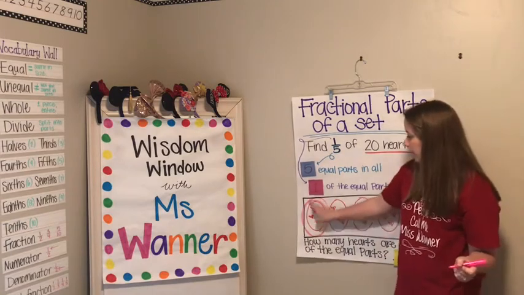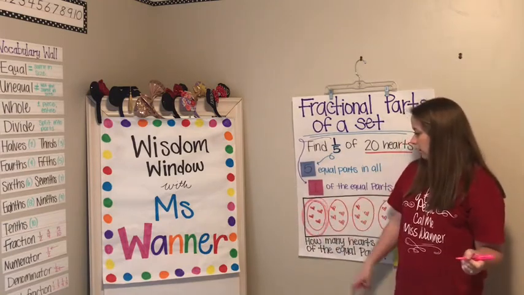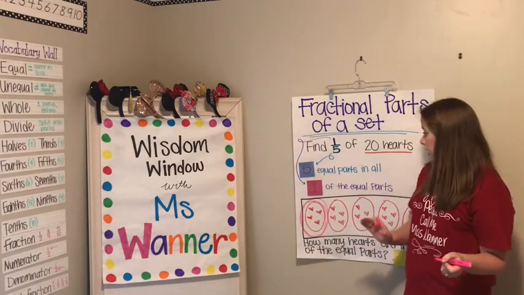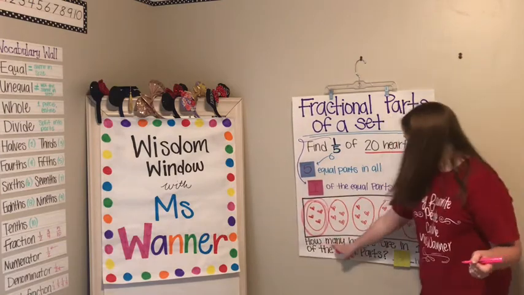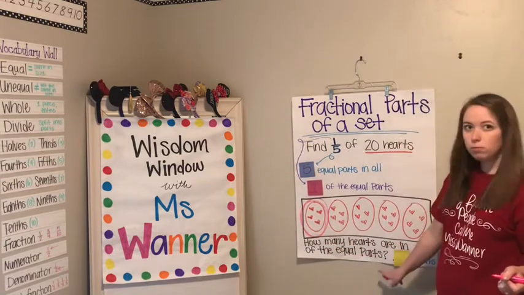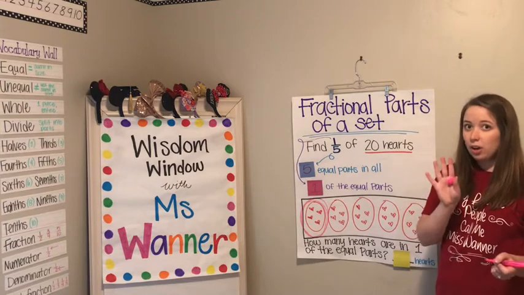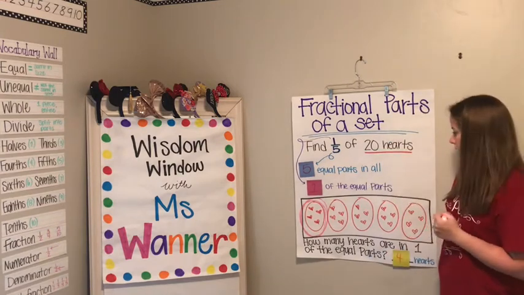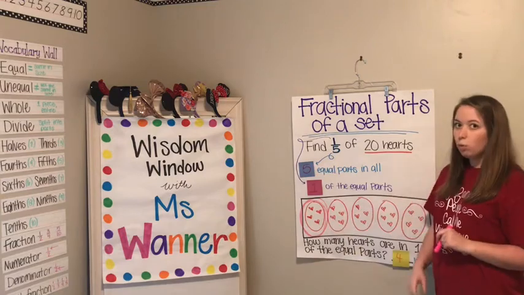So in that part, there are 4 hearts. So how many hearts are in one of the equal parts? 4. There are 4 hearts in one of the equal parts.